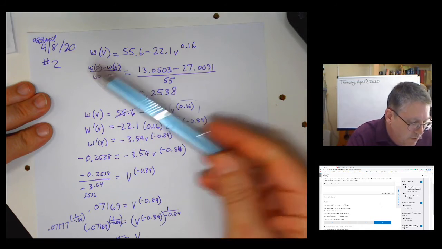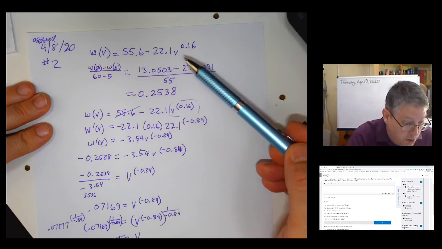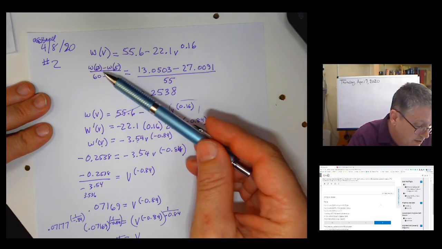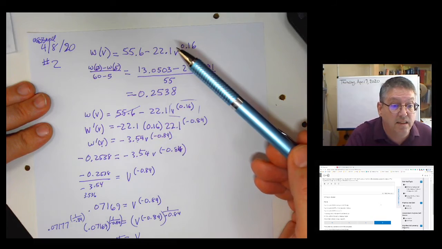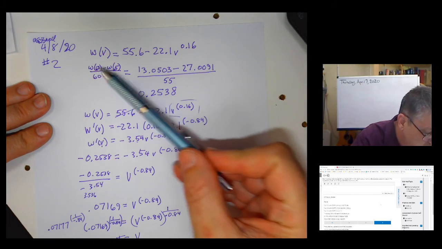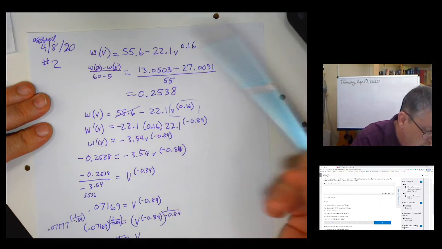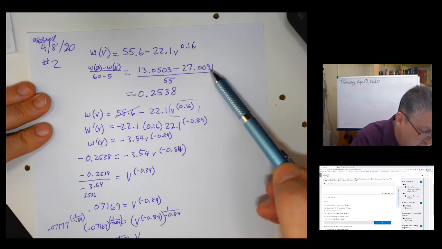And so they want to know what the average rate of change is, right? So that's just the average slope over the whole thing. So 60 minus 5, because that's the interval between 5 and 60. And then W of 60 minus W of 5. So we put 60 and 5 into that equation, and we get those numbers.